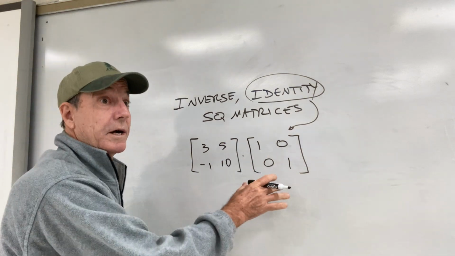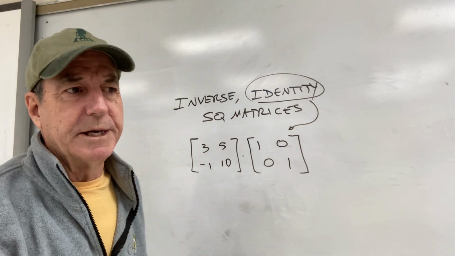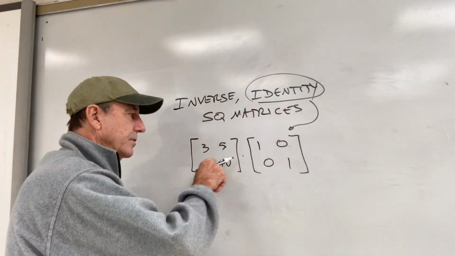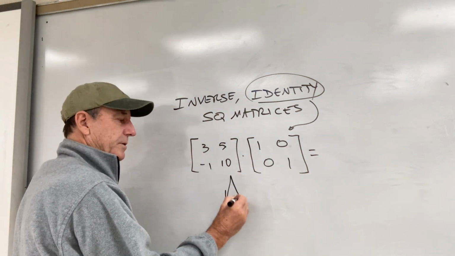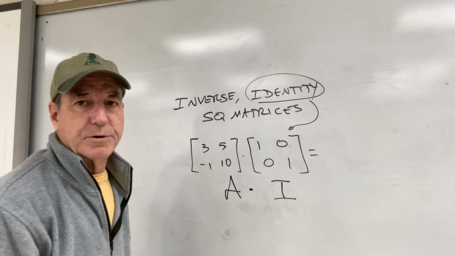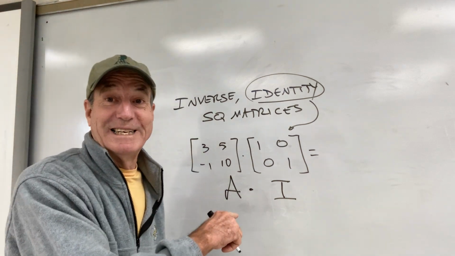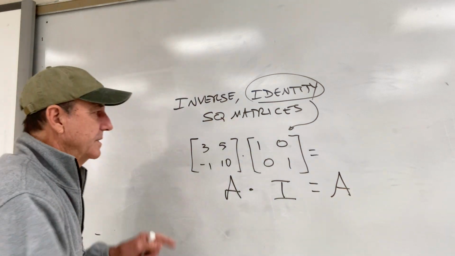Actually, 0s everywhere else. And when we see a 3 by 3, you'll see there's just 1s down the main diagonal. And the claim is if you do the row column multiplication here, it doesn't change this original matrix. So if this is A and this is what I'll call I, no, not artificial intelligence, this is the identity matrix, you'll get A again. Okay, so let's see.